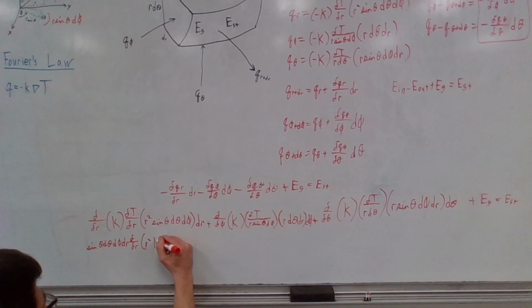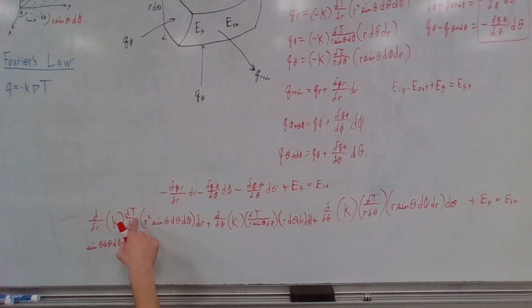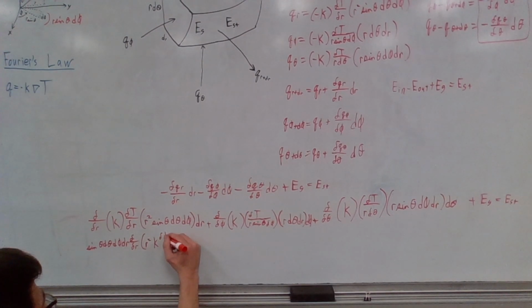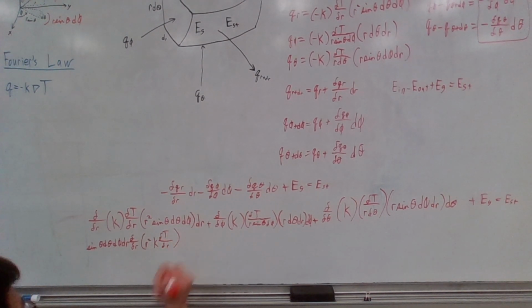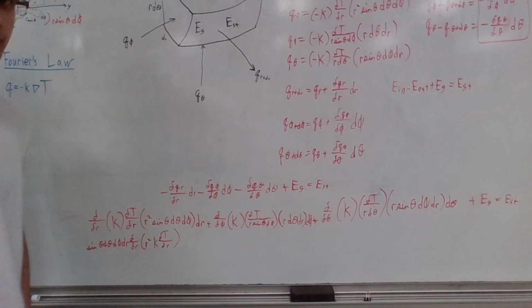We'll leave our k in there. And our partial temperature with respect to r. As you can see, we just pulled out everything that did not depend on r, so we can write it in a different way.